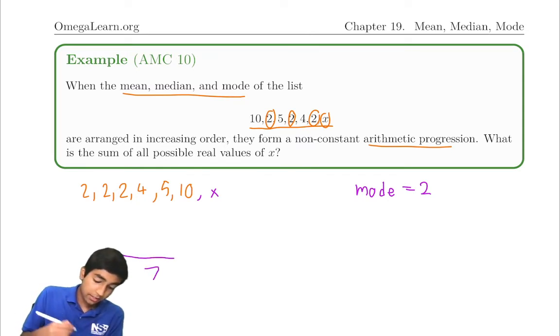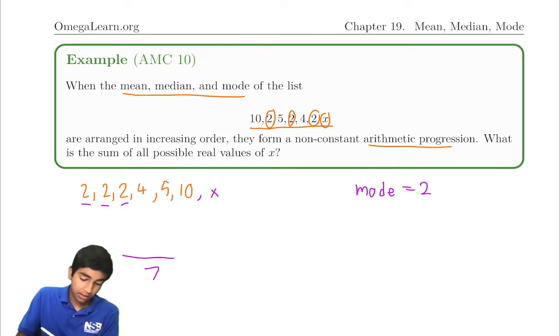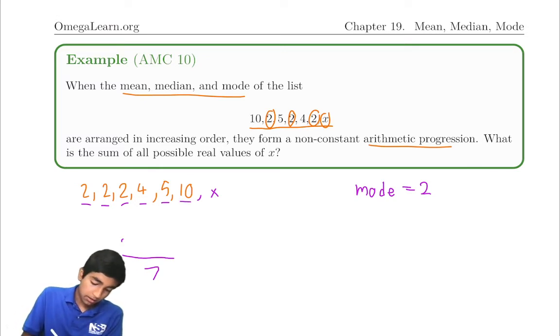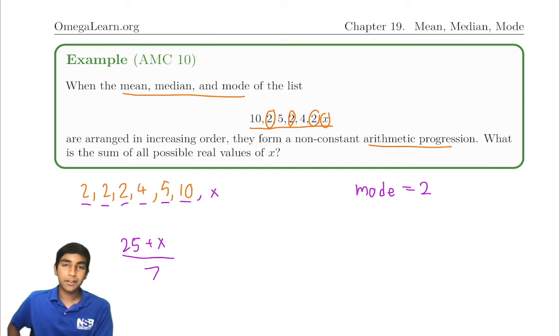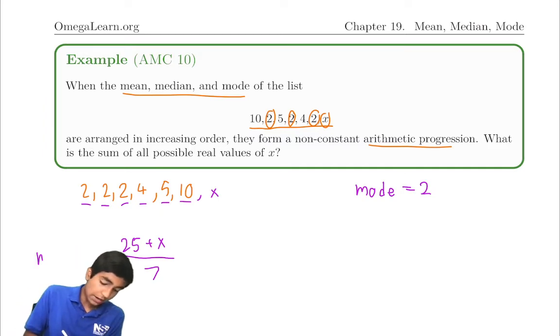The sum of all the terms is going to be 2 plus 2 plus 2 is 6, plus 4 is 10, plus 5 is 15, plus 10 is 25, plus x. So we have (25 plus x) over 7. So this is the mean, always, for every x.